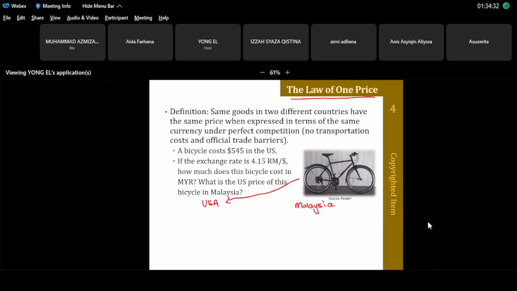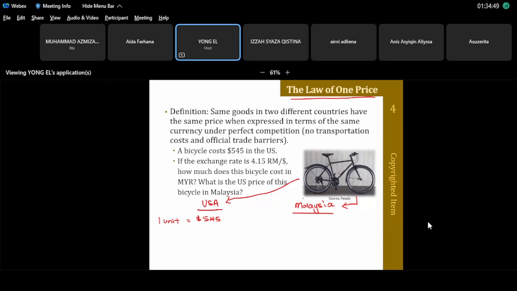The price of one unit of this bicycle is $545. This is the price in the United States.